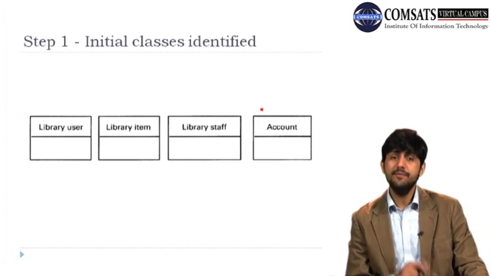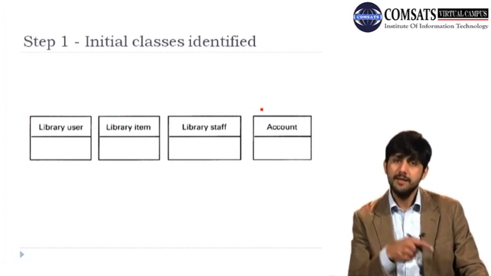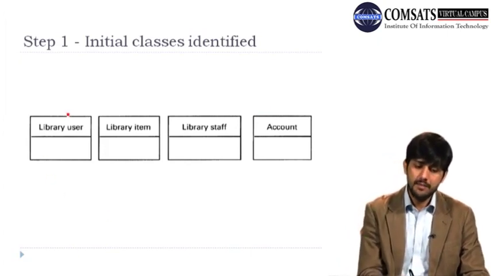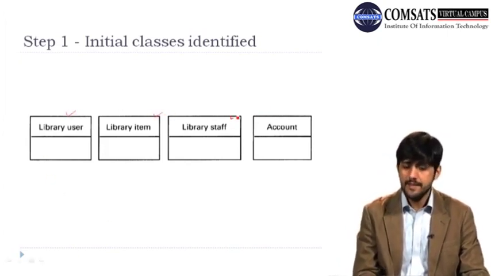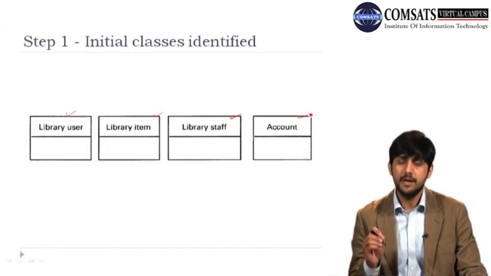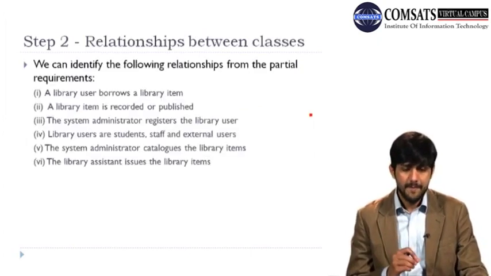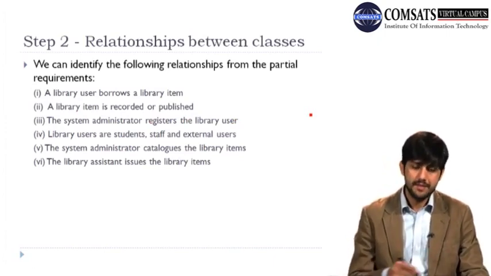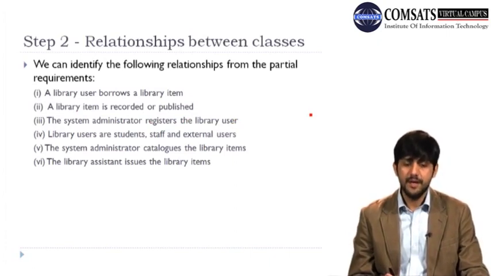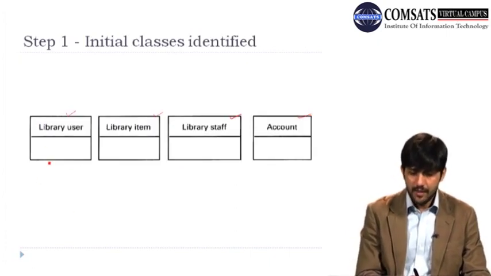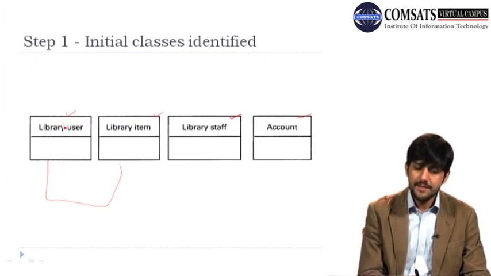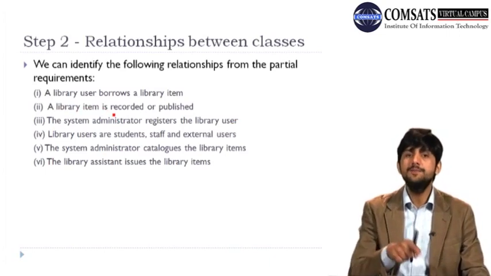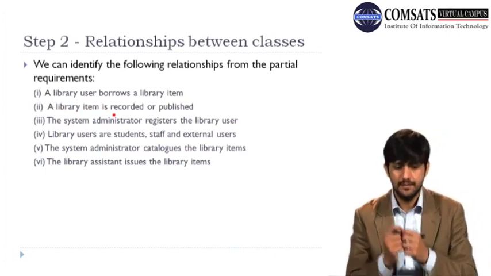So this is step 1, which identifies, remember there were 5 main steps, that we identify the classes or objects. So we have identified that library user, library item, library staff, and account are the objects or classes in my system. So we can identify the following relationships from the partial requirements. Our library users borrow a library item. So if we go back, our library user borrows a library item, so we know that there is an association. By identifying these relationships, we know how these classes are going to talk to each other.